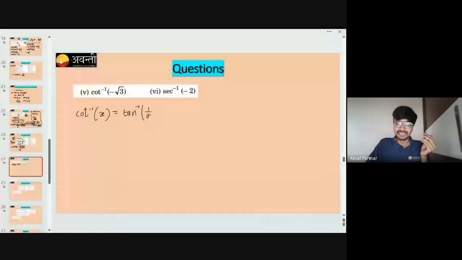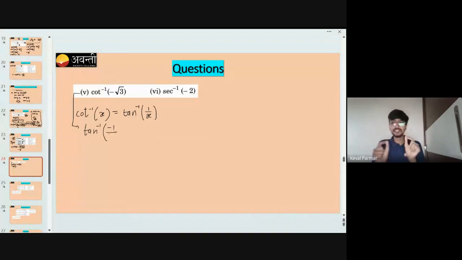So here I can write cot inverse of minus root 3 as tan inverse of the reciprocal of minus root 3, which is minus 1 upon root 3. And now if we use set 4, the minus comes outside. So I will get minus tan inverse of 1 upon root 3.